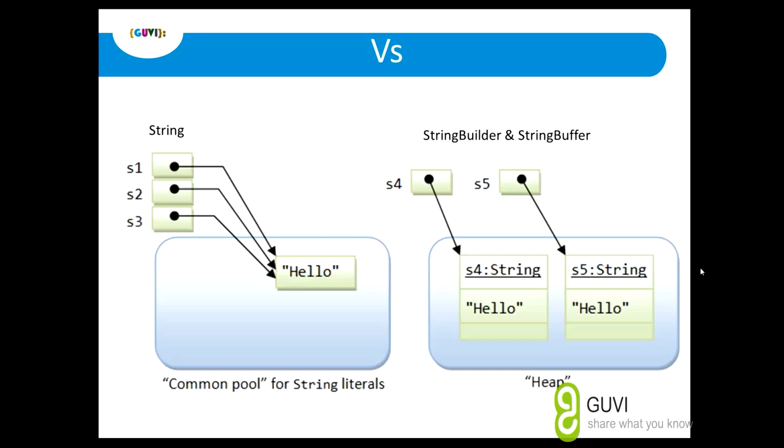But StringBuilder is more efficient compared to StringBuffer because of that synchronization. So StringBuffer and StringBuilder are almost similar, but the only difference is the synchronization factor or the thread safe factor. That is the only difference between these two classes.